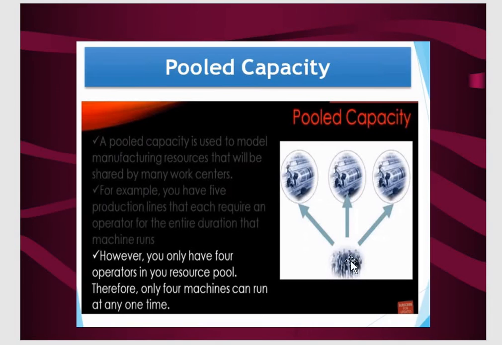We can have this person's pool capacity used under these three work centers. For example, you have 5 production lines that each require an operator for the entire duration that the machines run. However, you only have 4 operators in your resource pool, therefore only 4 machines can run at a time.